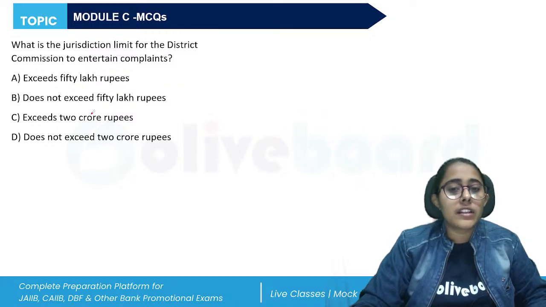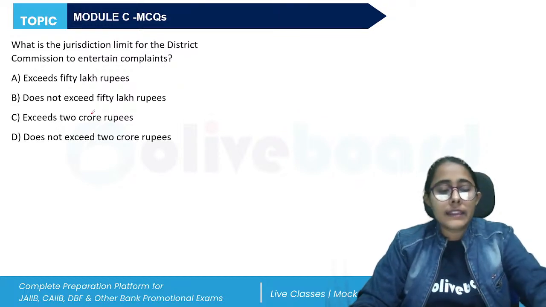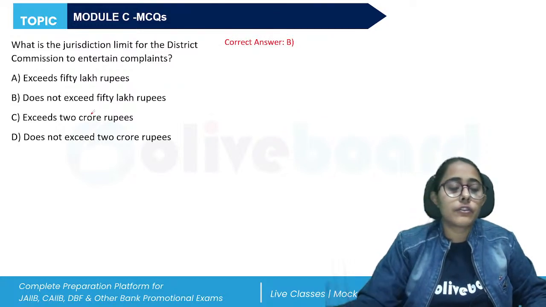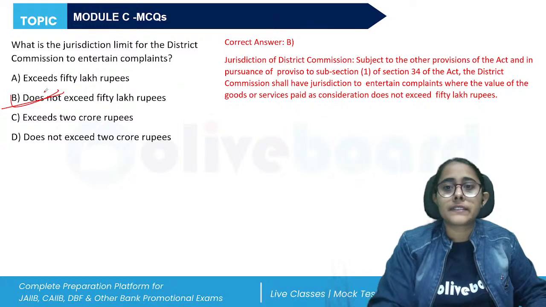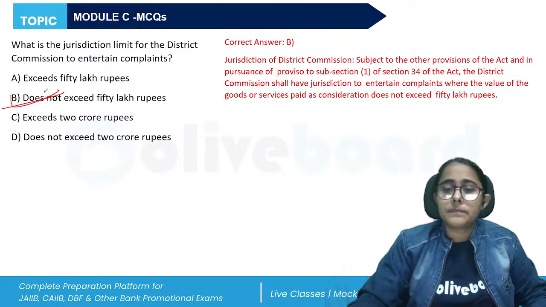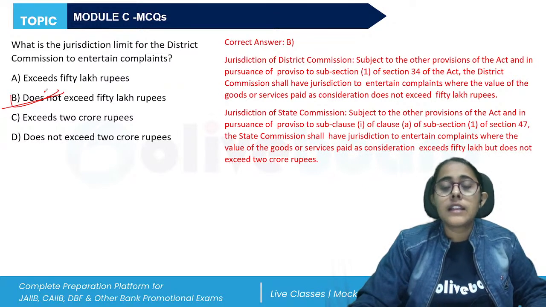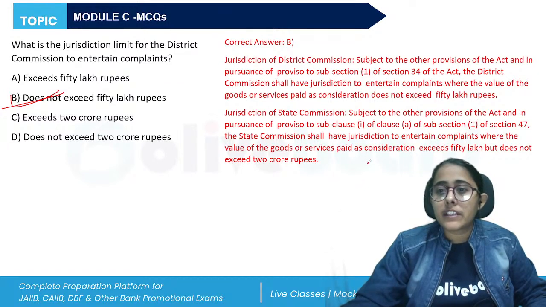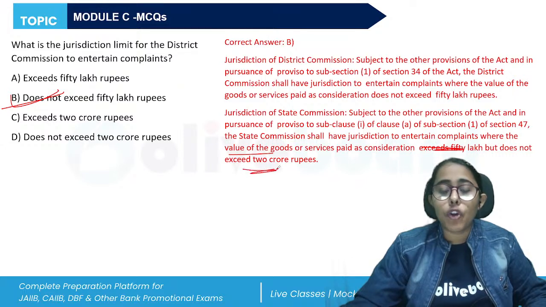So, this is given under subsection 1 of section 34 of the Act, that the cases should not exceed 50 lakh rupees. So, the complaint does not exceed 50 lakh rupees. Right? Then State Commission, what is the jurisdiction of the State Commission? Where the complaints of value of goods exceeds 50 lakh but not more than 2 crore.